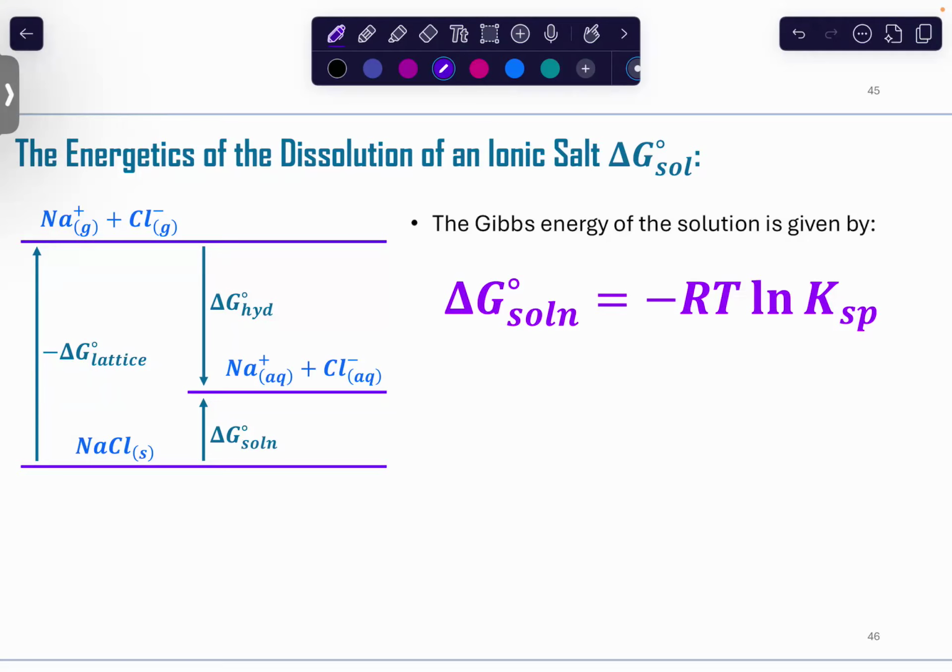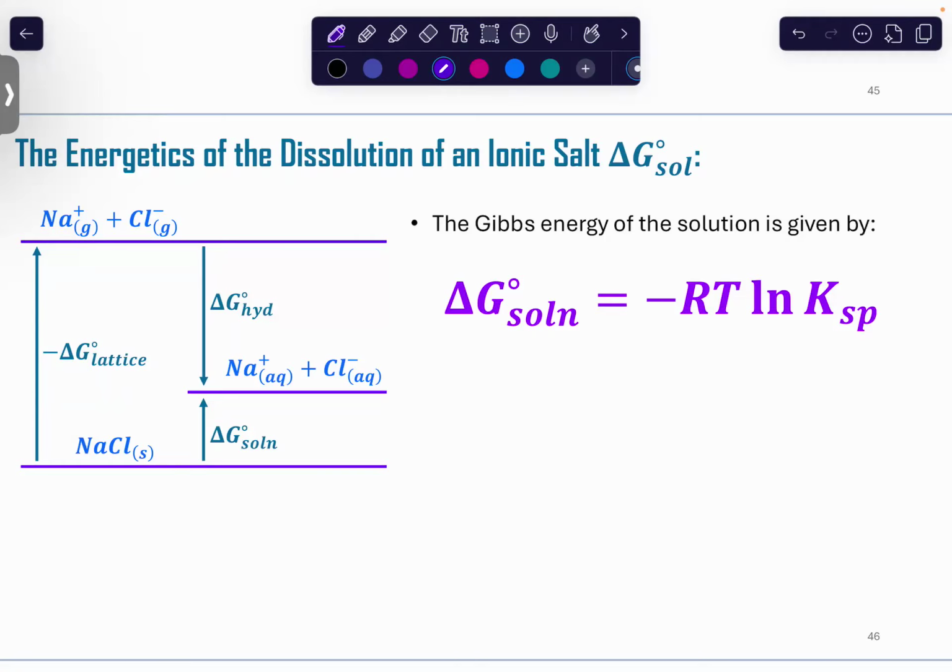You can also see that your Gibbs energy of solution is going to end up being a difference between the Gibbs energy of hydration and the Gibbs energy of the crystal lattice. So we will end up working through that.